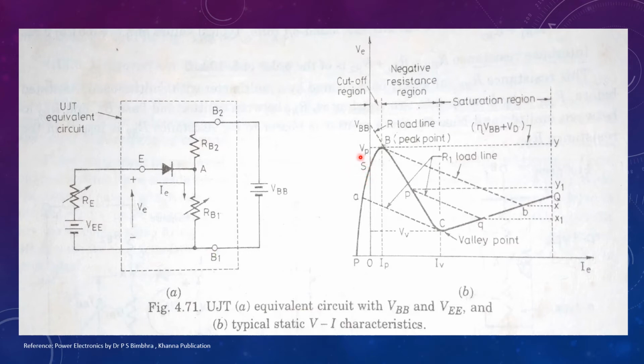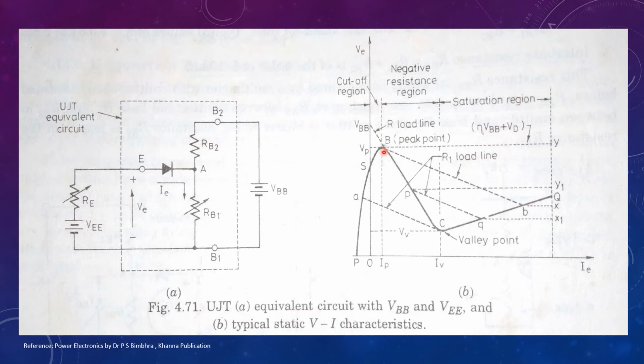At point S, IE is 0. Since IE is 0, the drop across RE is 0. Therefore, the potential at point E is VEE. That is, OS will be equal to VEE. The UJT is in off state as long as the emitter voltage VE is less than eta VBB plus the diode voltage drop.